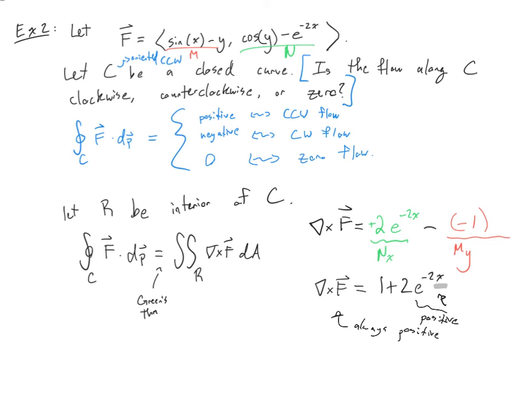So this double integral of something positive, not 0, but actually positive because of that plus 1, over R dA, has to be strictly bigger than 0. So my conclusion is that we are in this positive, therefore counterclockwise answer, by lining up all these dots.